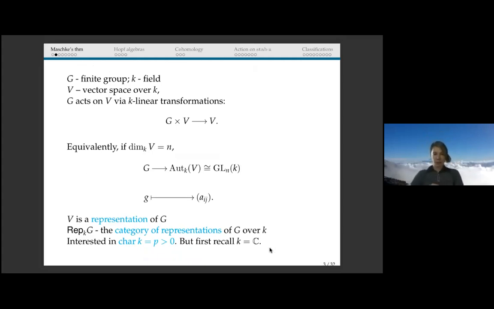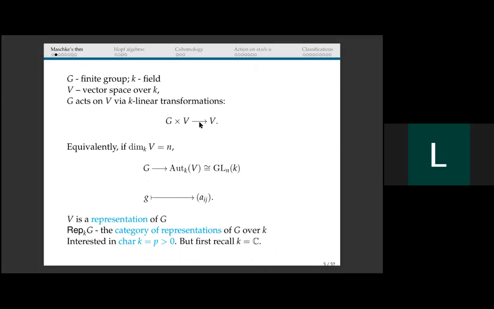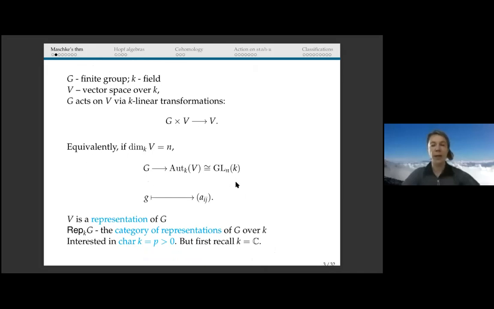So if a representation is a finite dimensional vector space, we can choose coordinates, and then we can equivalently say that there is a map from my group G to the automorphisms of this vector space, which is just GL_n, n by n invertible matrices.